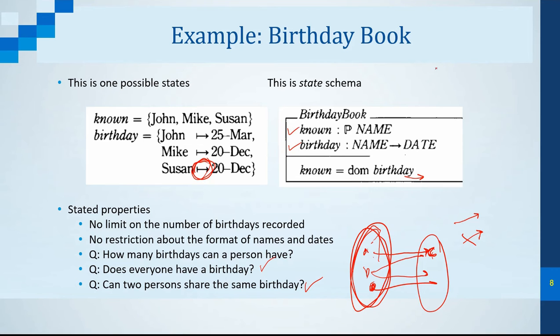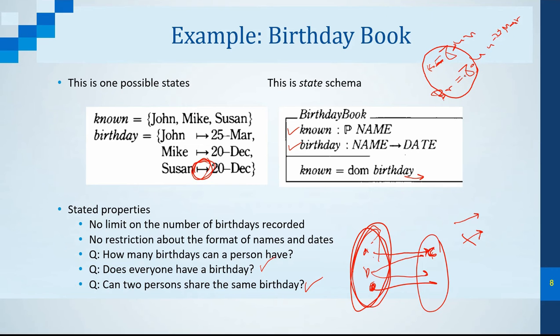So if we consider this one the first, we add the first item. The noun here, the item of noun, is for example John. And the relation, the birthday, will be 25 March.